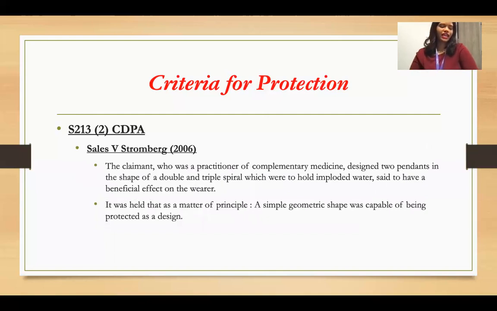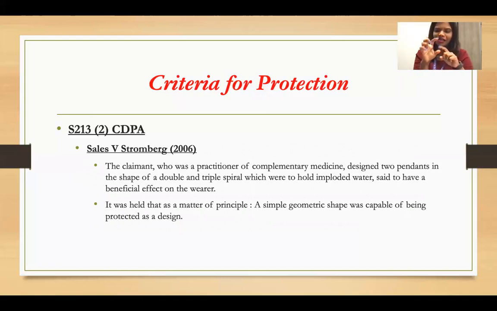Okay, we have the case of Sales and Stromberg as well. This is a case where the claimant came up with a chain. So you all know what is a chain, right? This chain has a very geometrical shape of pendant.